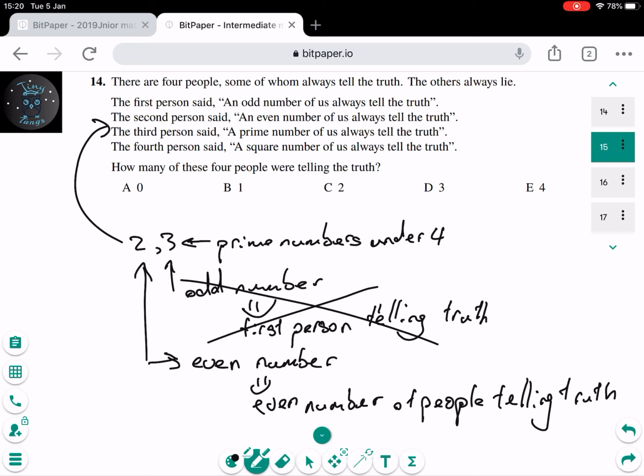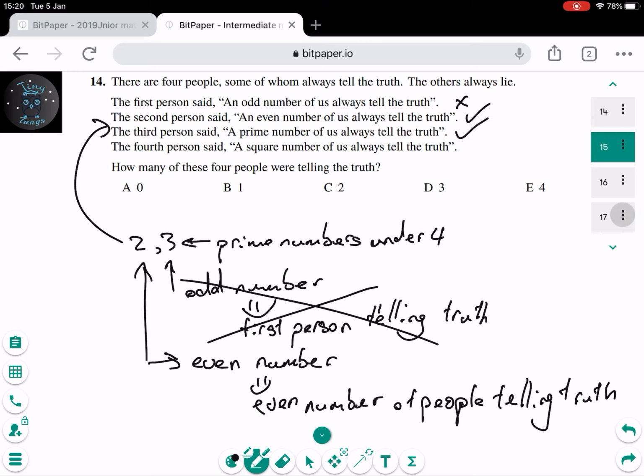And so let's see if that is the final. So the first person, an odd number, that's not true. So that is false. The second person, an even number of us. So that's correct. The third person must also be telling the truth because 2 is a prime number.